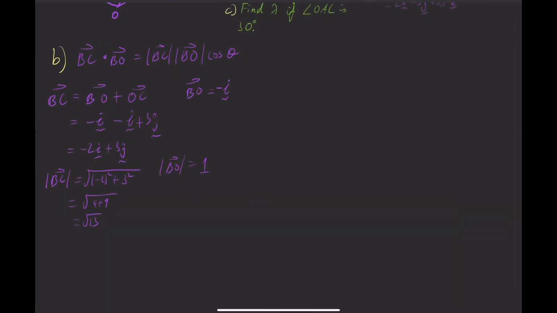Now we plug all of this into our dot product formula. Let's change colors for this, and we'll do this in a peach color. So the dot product: BC is negative 2i plus 3j, dot negative i, and that's equal to the square root of 13 times 1 times the cosine of theta.